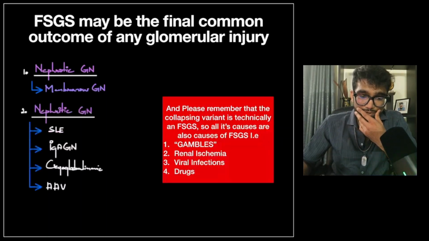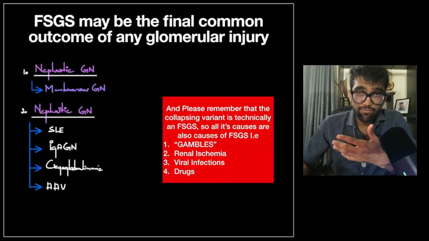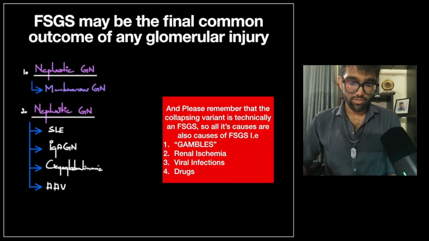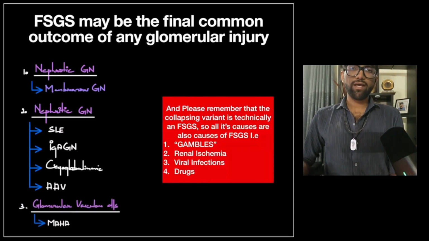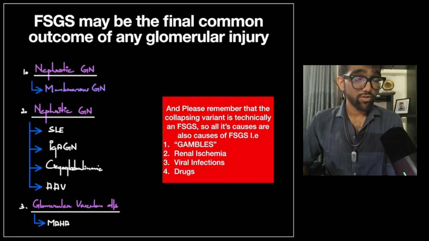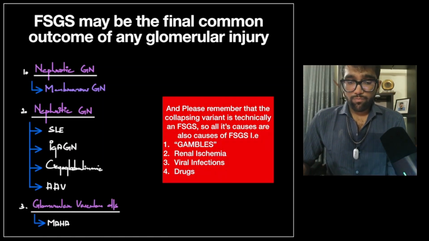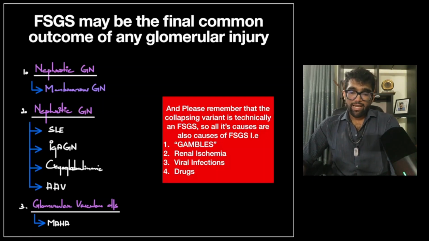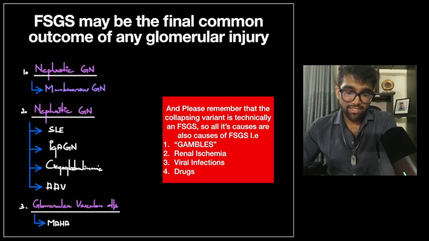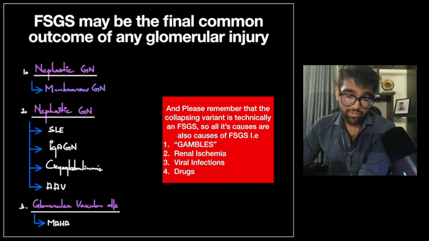It could be a progression of diseases that normally result in nephritic syndromes, like SLE, IgA nephropathy, cryoglobulinemic nephropathy, and ANCA vasculitis, which we'll come to in subsequent discussions. And it can also be the result of glomerular vascular disorders like microangiopathy, hemolytic anemias. Now, the collapsing variant is a separate histological variant of FSGS, and it has its very specific causes, and we'll be discussing those causes.